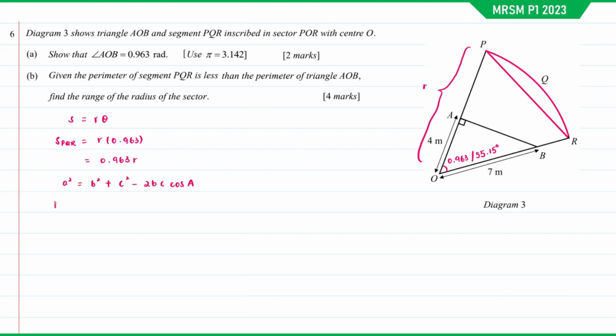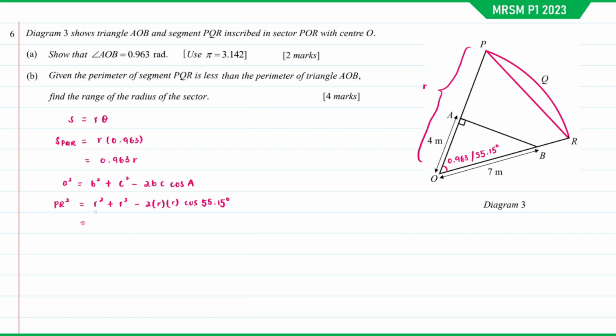To find the length of the chord PR, we're going to use the cosine rule. So here the a will be the chord PR. So PR squared equal to R squared plus R squared minus 2 times R squared cos 55.15 degree.